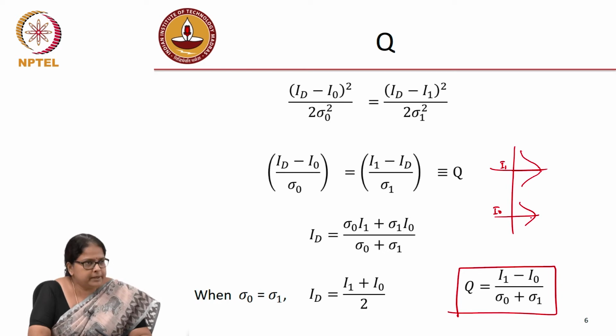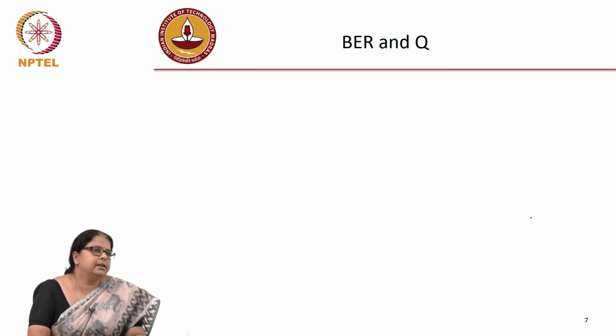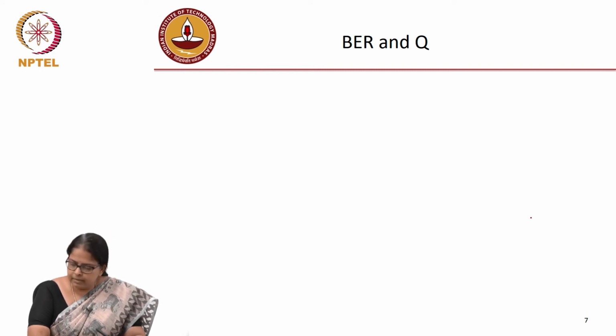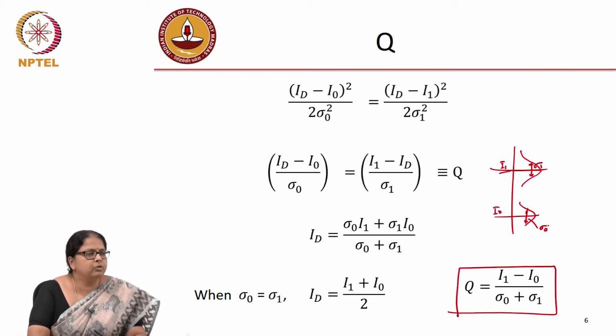This is where we stopped yesterday, and now we want to link bit error rate with Q, because in a measurement I will know I1, I naught, sigma 1 and sigma naught. The question is, how do I define this in terms of our performance metric?